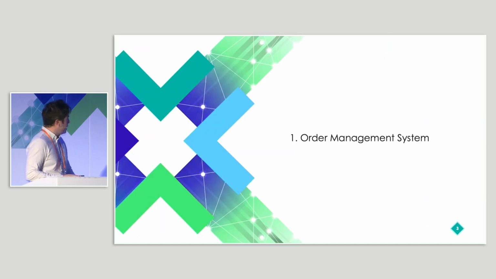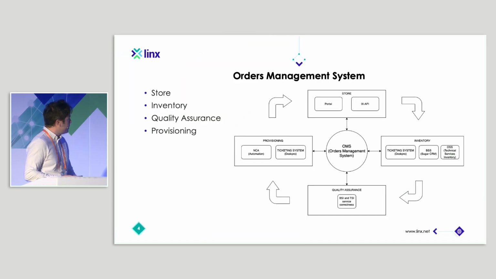Starting from the order management system, here you have a general schema of the concept. You have 4 main stages for processing of an order. Obviously you start from the store, where the customer member requests an order.